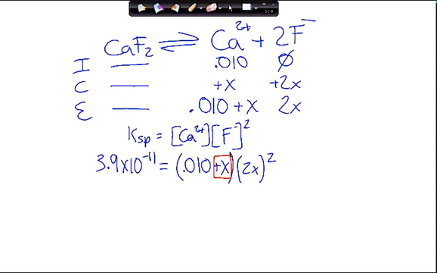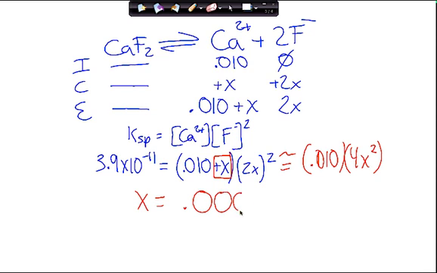So in the same way that in our acid base, we can go approximately equal to, this is actually approximately equal to 0.010 times 4x squared. That's math even I can do. 3.9 times 10 to the negative 11th. Divide that by 0.01. Divide that by 4. Take the square root. X is equal to, I need more significant digits, and I'm not even going to put it in scientific notation because it drives the point home better.